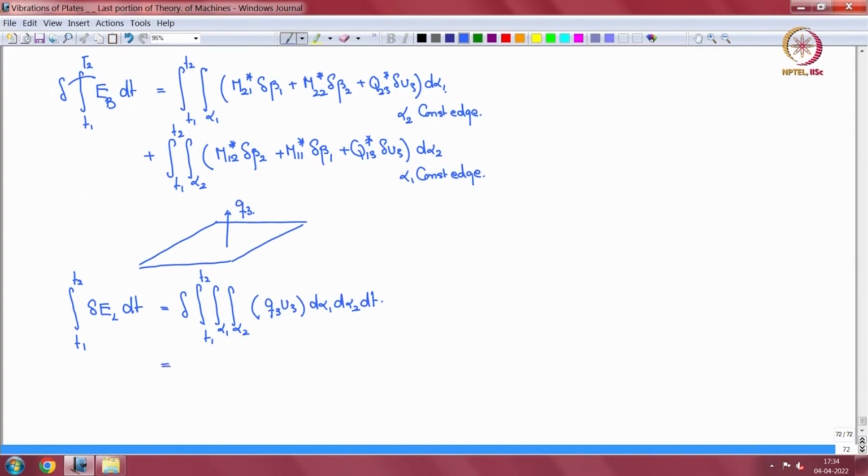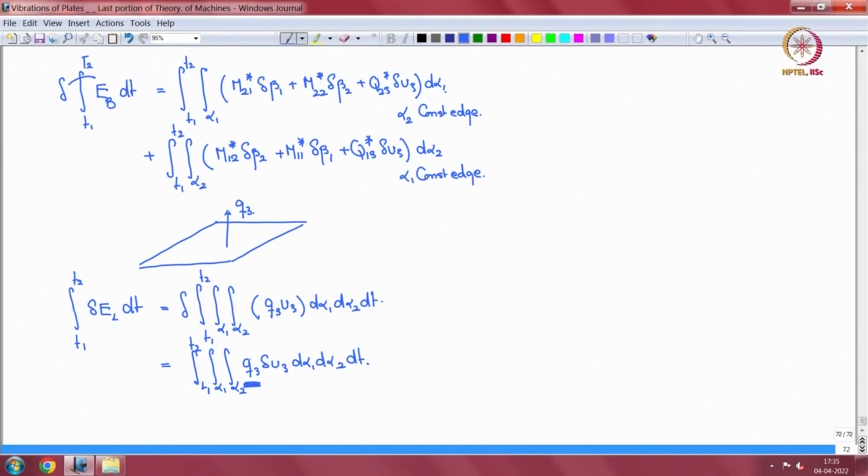Now, taking the variation inside, integral t1 to t2, integral alpha 1, integral alpha 2, q3 delta u3, d alpha 1 d alpha 2 dt. So there is a force per unit area, that should be the units.